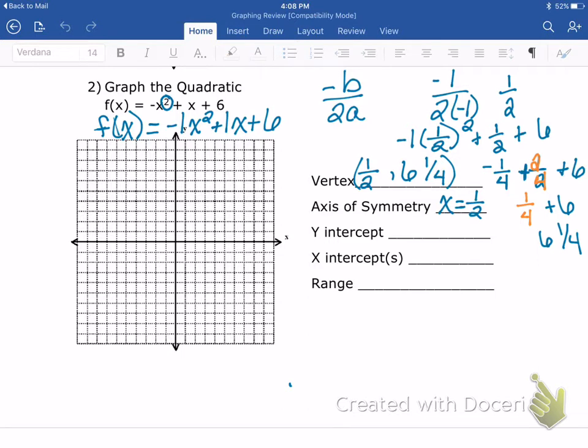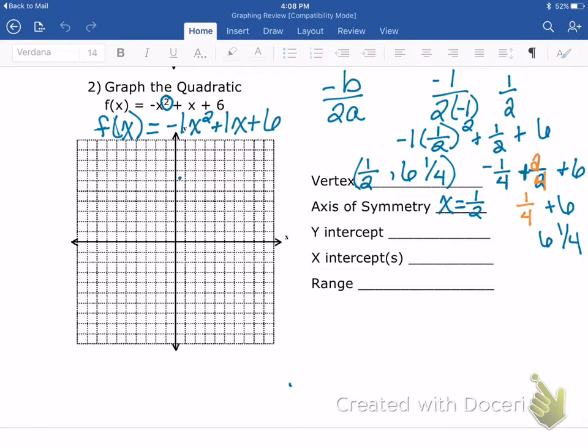So let's mark our vertex. We're going over 1/2, and then we are going up 6 and 1/4. So our vertex is going to be about right there. And it's not exact because we're graphing, but that's where it's going to be. Now, the way that we get our y-intercept is we plug in 0 for x.